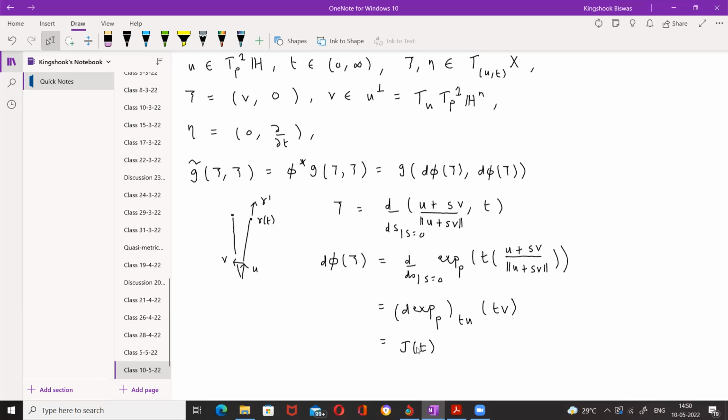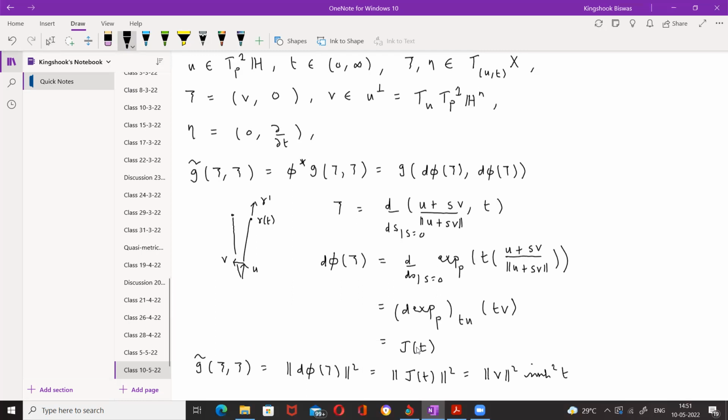So therefore, g tilde of xi xi is equal to norm d phi xi squared, which is equal to norm J t squared, which is equal to norm v squared sinh squared t.